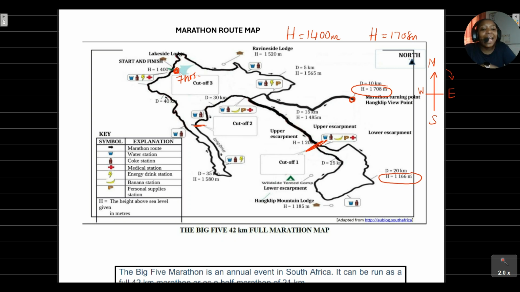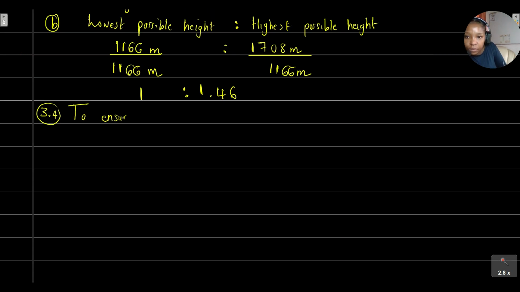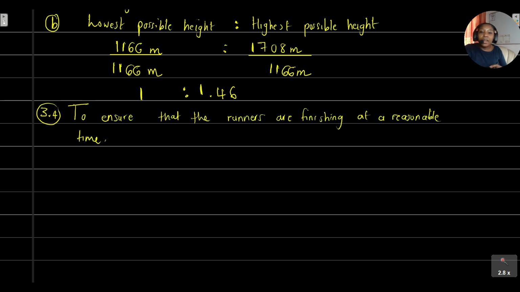Because if we didn't have cut-off times, we would have to wait until every runner is done to end the race, and honestly, that is not reasonable. It's just to ensure that runners are not running at night, and that all the runners are finishing at a reasonable time. That's basically my reasoning behind it.